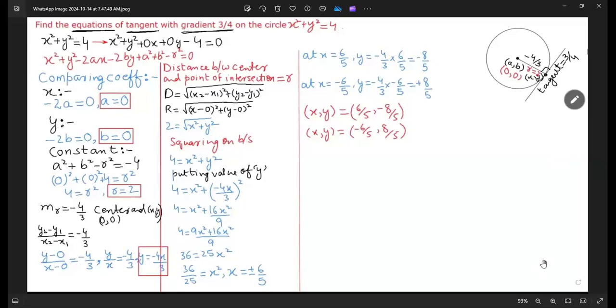Okay, now guys, so I have got the coordinates of x and y as it is shown over here, and I have got the gradient also which is shown over here.